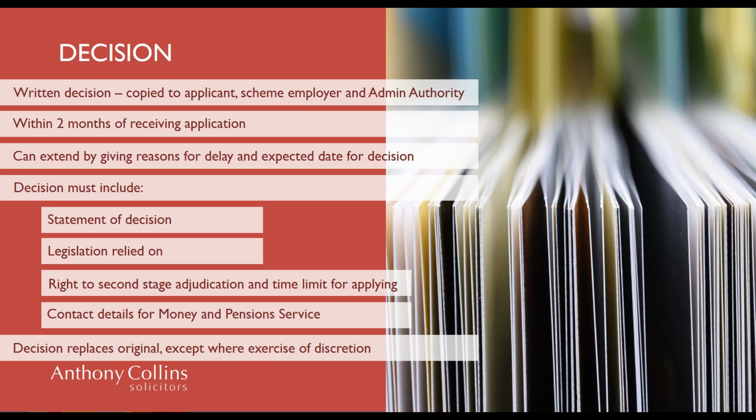Because that's a discretionary decision, that decision can't be simply replaced. It needs to be referred back to the scheme employer if the appeal succeeds, to be taken again. Of course, if the decision on the discretion is confirmed, then there's no need to refer it back. So it is important to identify where a discretionary decision is being made.